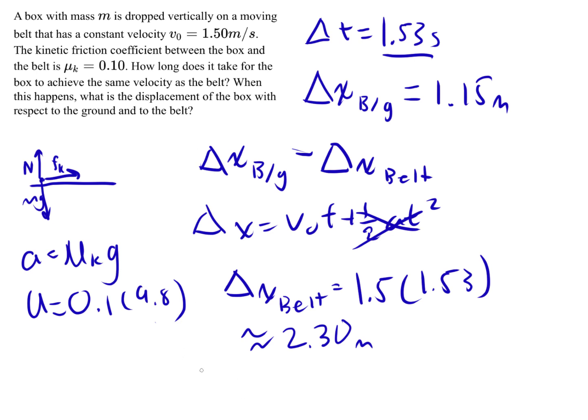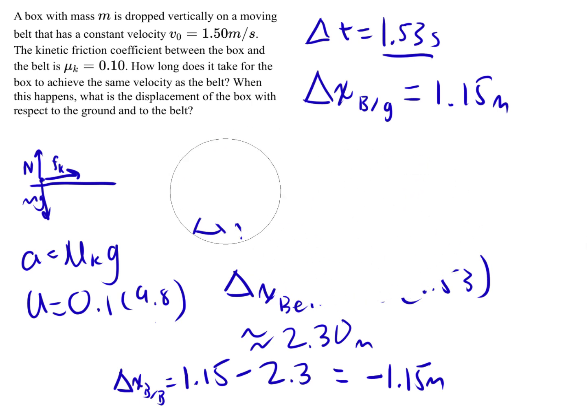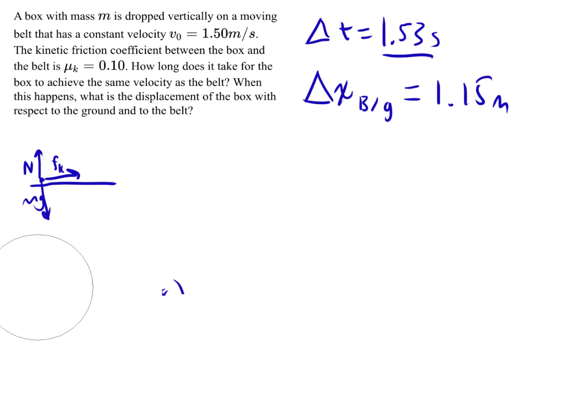So from the belt's view, what is the displacement of the box? We simply subtract the displacement of the belt, 2.3, from the displacement of the box with respect to the ground, 1.15. The displacement of the box with respect to the belt is simply equal to minus 1.15 meters.